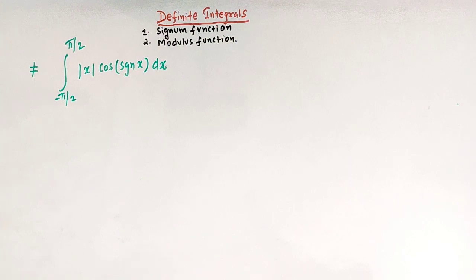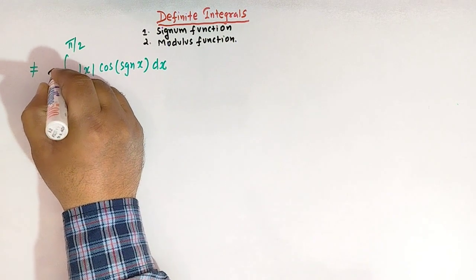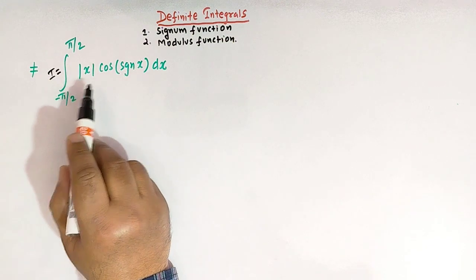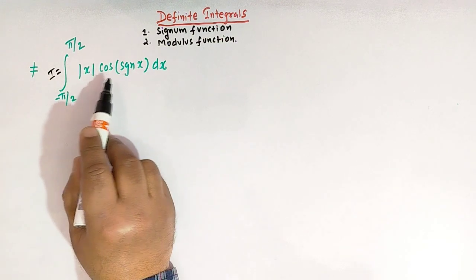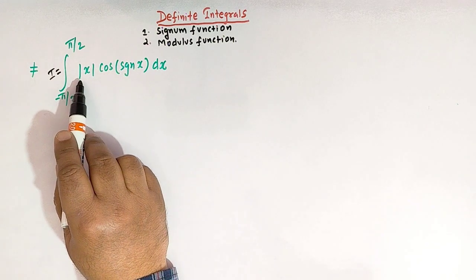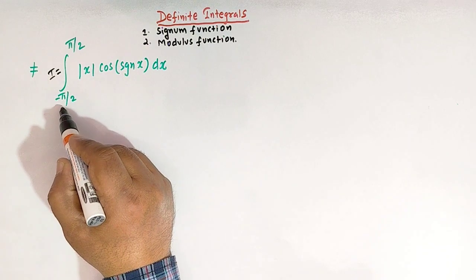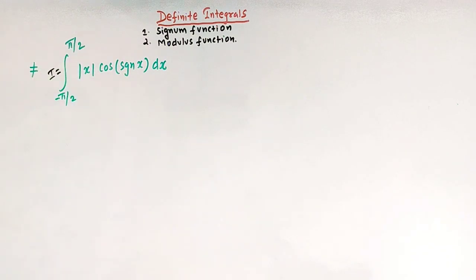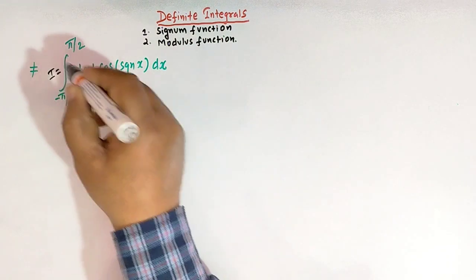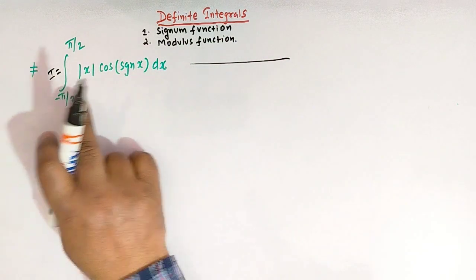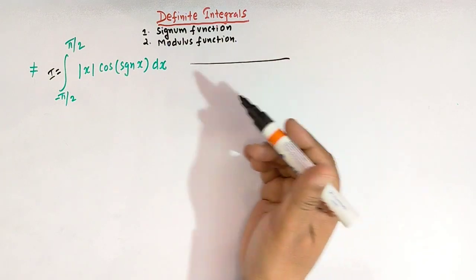So let us start. Now here let us call this integral as I, right? Now see, here we'll quickly see the definition of signum function and mod function, and moreover we'll take the lower limit and the upper limit, right? So let us first represent the limits on the real number line, right?